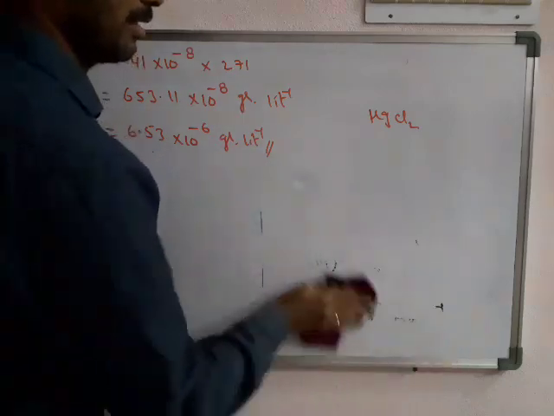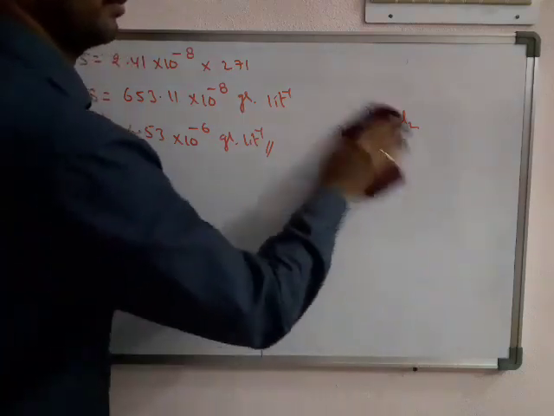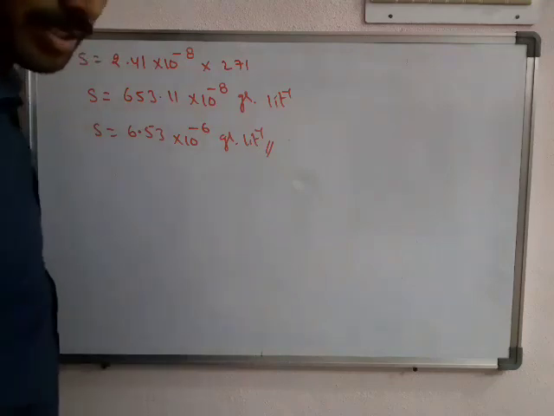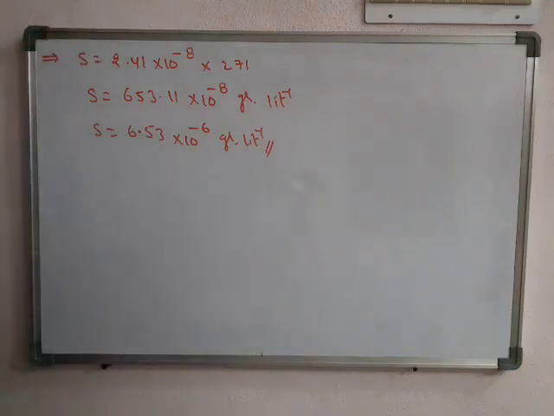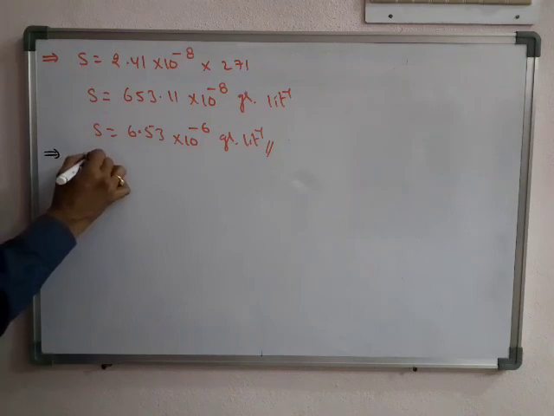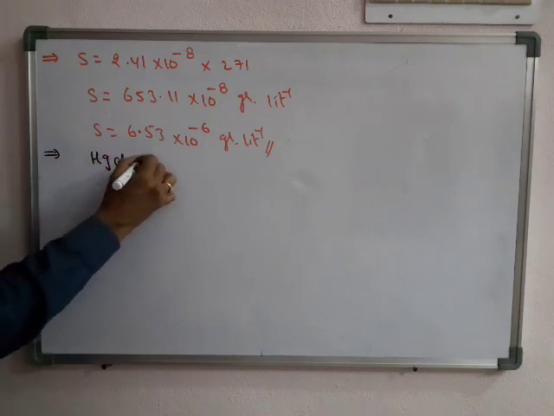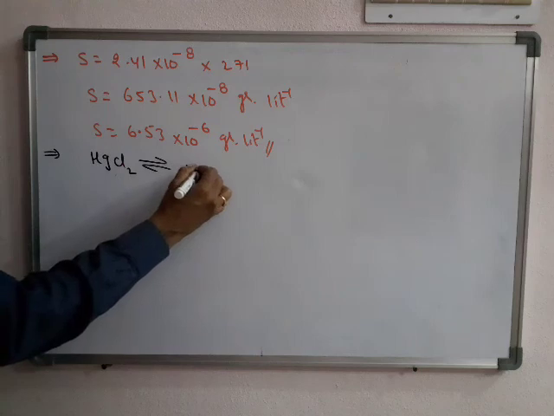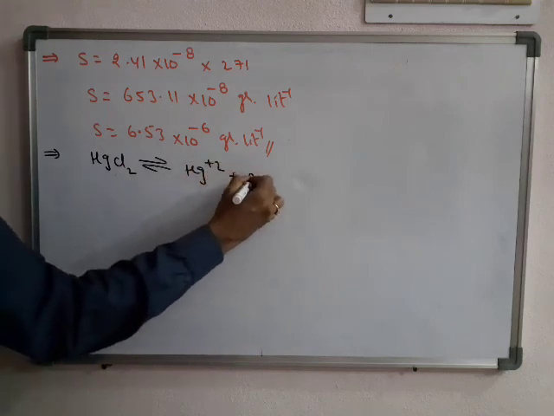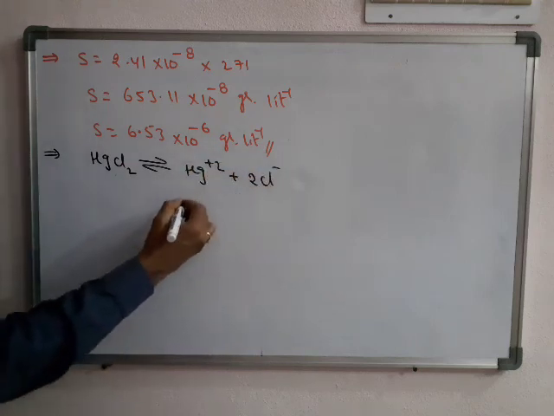Next we have to calculate the individual ions concentration, nothing but individual molarities. So for individual molarities, we know that HgCl2 gives Hg plus 2 and 2Cl minus. So what is the solubility?